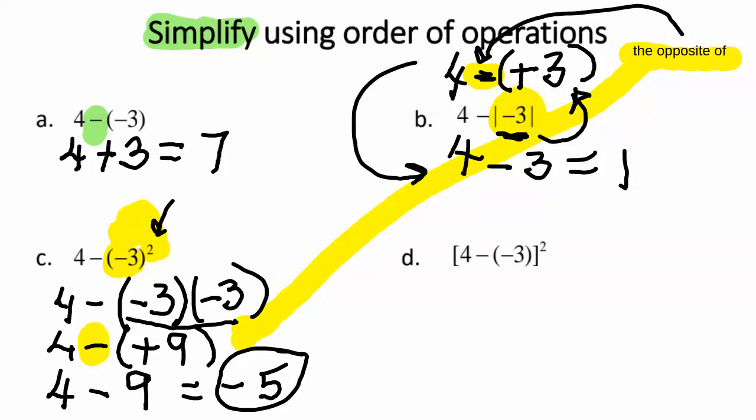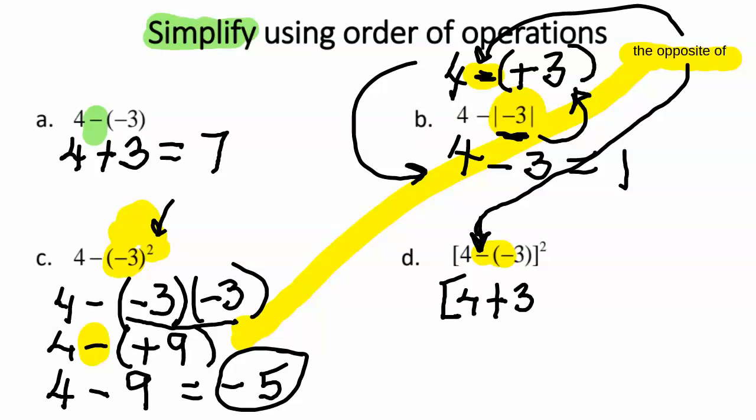Now, we have to deal with what's inside here. This symbol right here is saying take the opposite of -3. So inside the brackets, I have 4 plus 3 with a little 2 on the top.